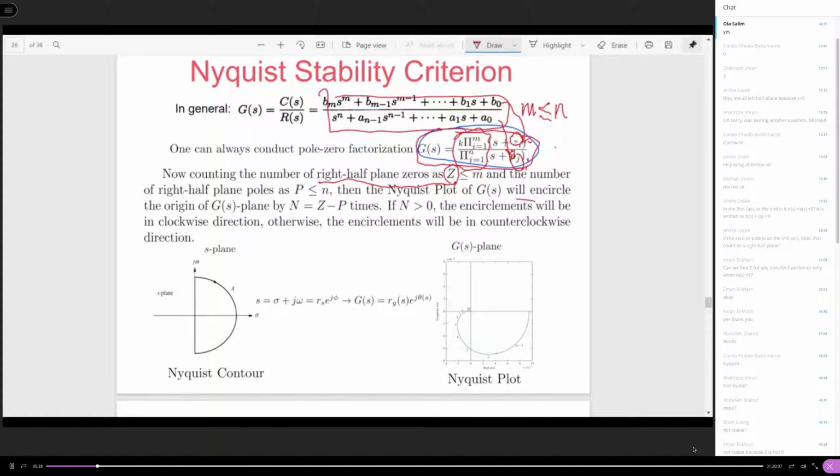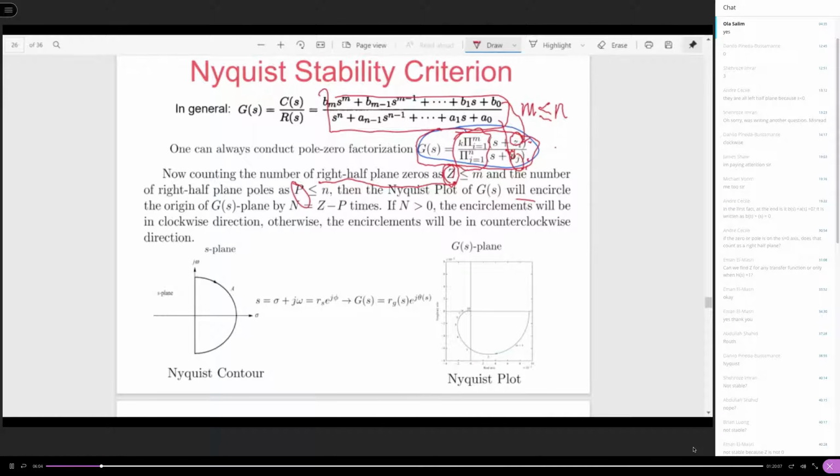So we use the symbol Z to indicate the number of right half plane zeros, and the symbol P to indicate the number of right half plane poles. Apparently, P must be less than or equal to n, the maximum. So we just do the counting.